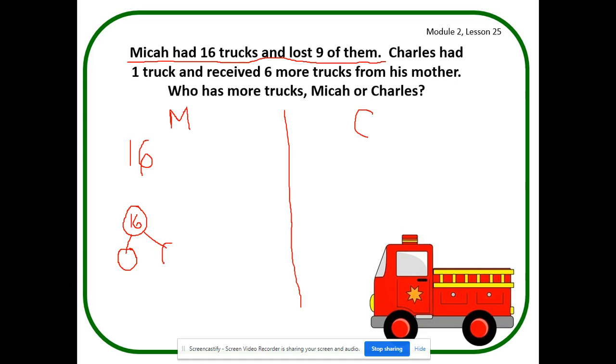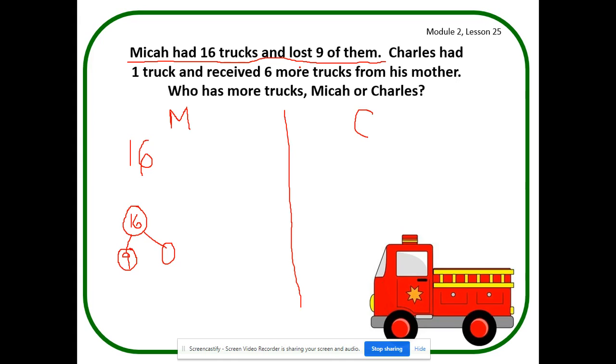And now it says that he lost 9 of them. So is 9 a whole number or a part? Yes, it's a part. So put it as a part in your number bond. And it says that he lost them. So if he had 16 trucks and he lost them, did he get more?